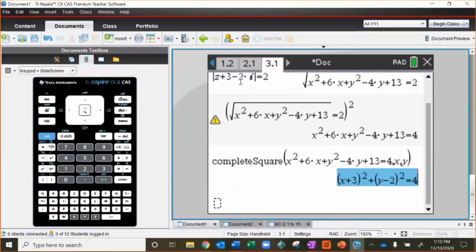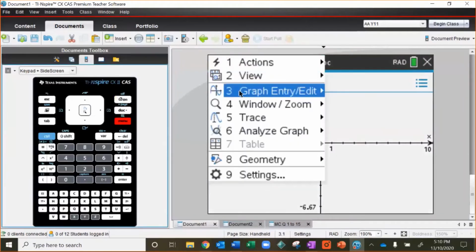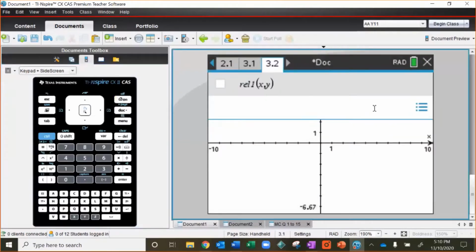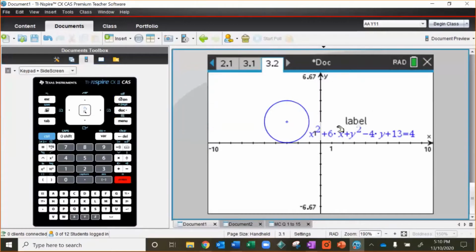So I can copy this now. And if I go menu, graph entry relation, I have this circle. Now, the question on the handout is asking which of the following lines intersects the circle twice.